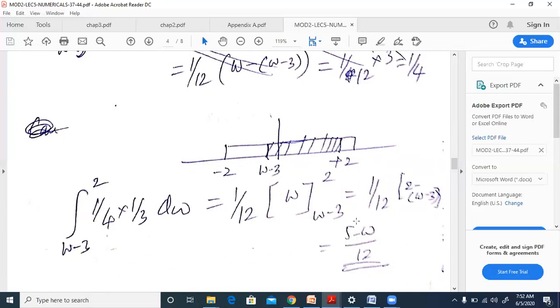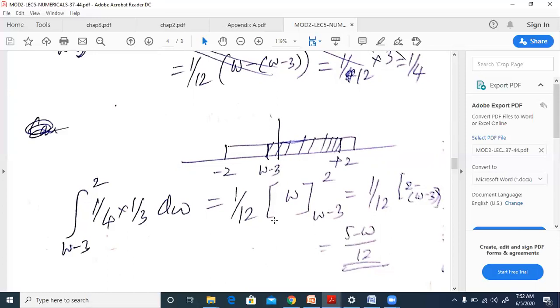If you do that, you'll get 5 minus W by 12. That's the value. As soon as W crosses the value 5, there won't be any overlap. No overlap above 5 gives us f_W(w) equal to 0 for W greater than 5.